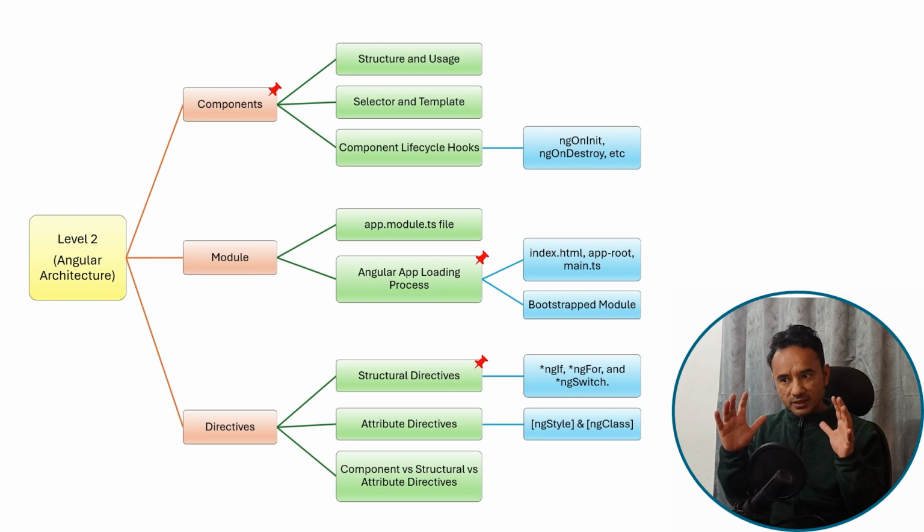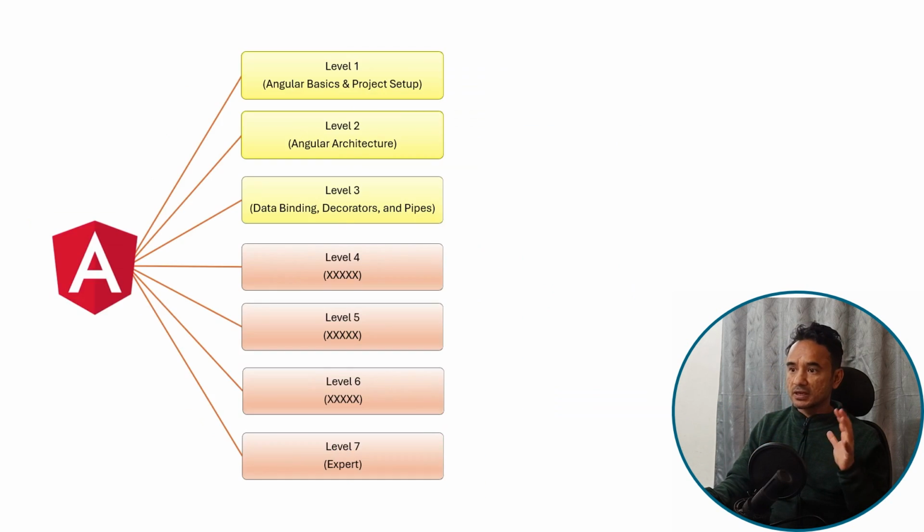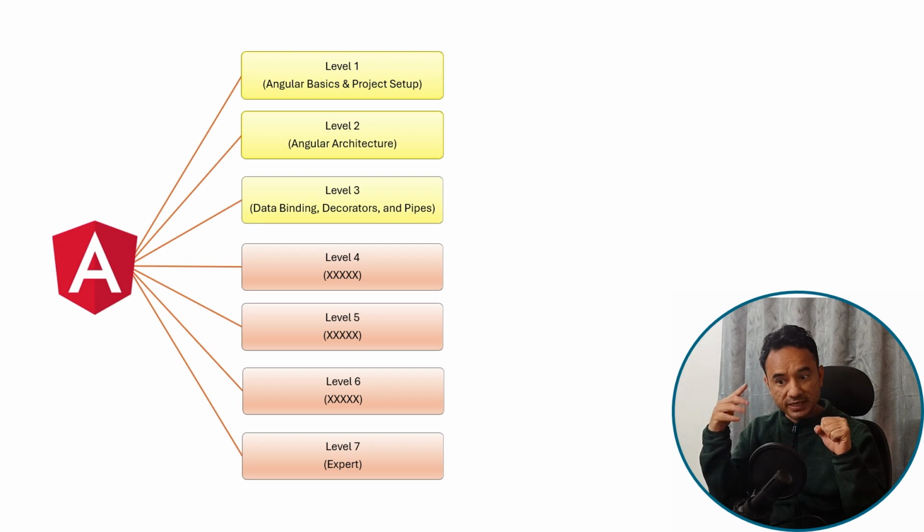Okay. Now let's jump to the next level 3, which is about data binding, decorators, and pipes. Before continuing, here is an interview tip. Many candidates tell me they forgot the answers in interviews and then they feel nervous.